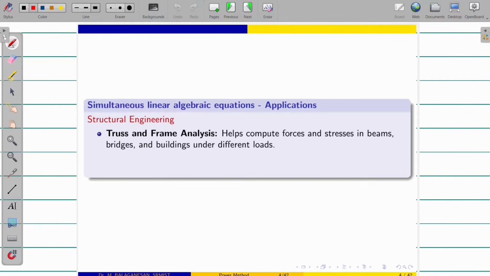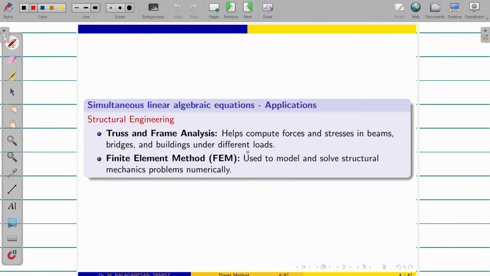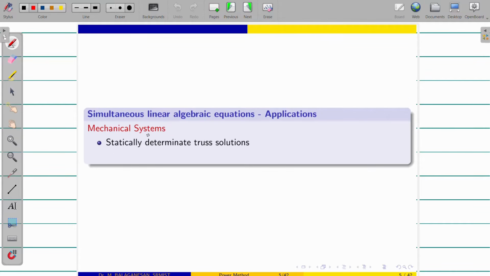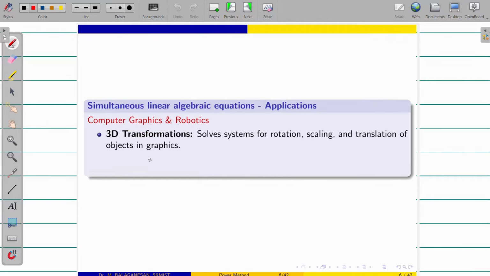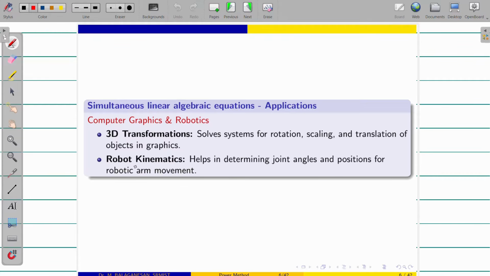And in structural engineering, mechanical systems, computer graphics and robotics, it plays a vital role in 3D transformation and robot kinematics.